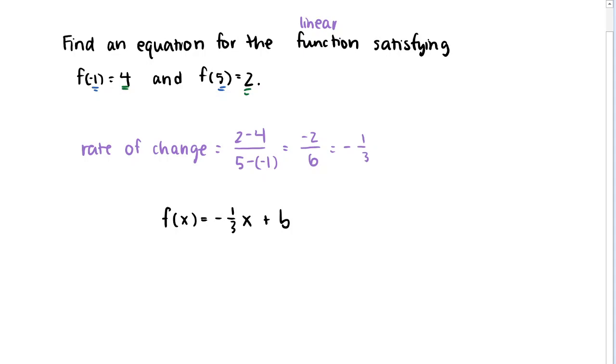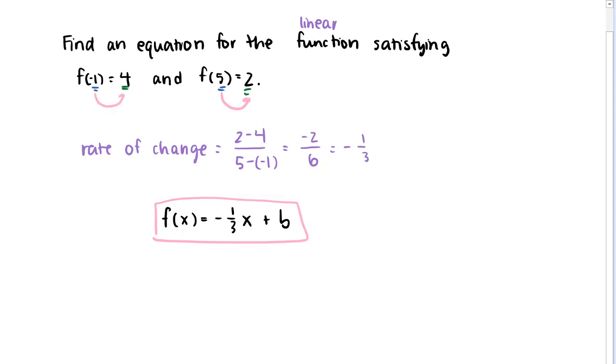But earlier we had a function and we checked that 2 points satisfied the function. Really, the idea is that this equation is supposed to take this input of 5 and bring us to an output of 2. And this equation is supposed to take an input of -1 and bring us to an output of 4.